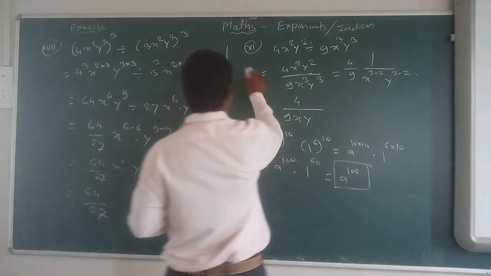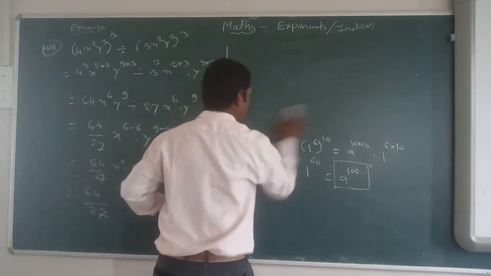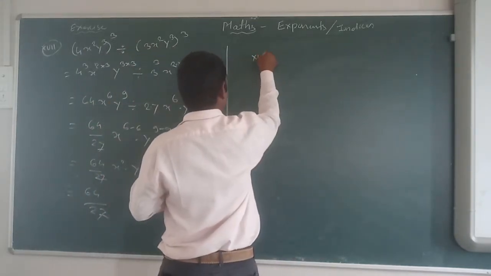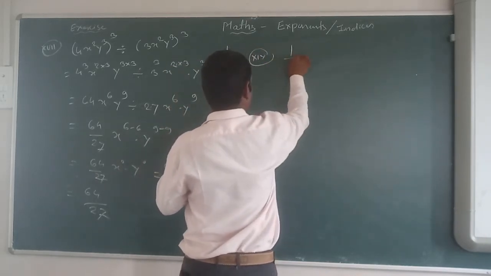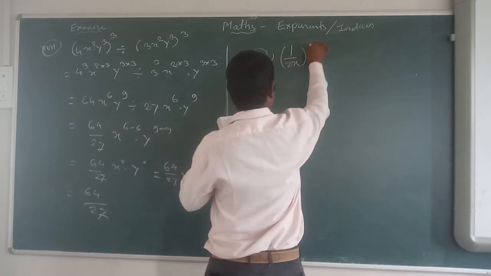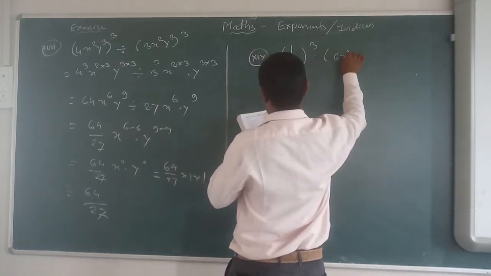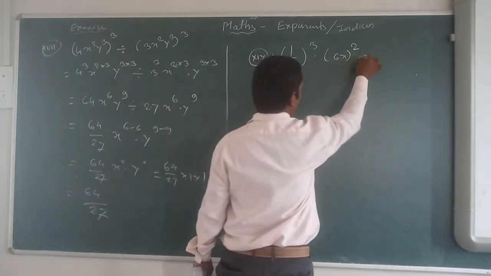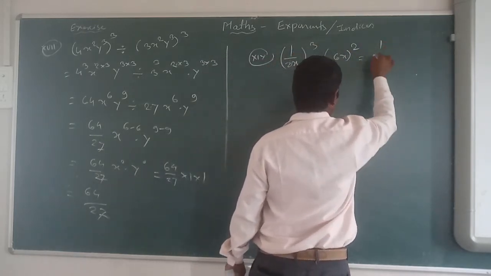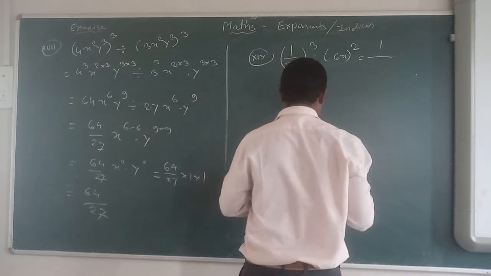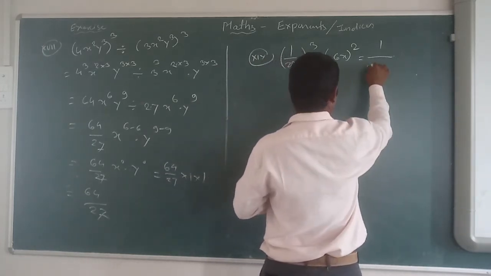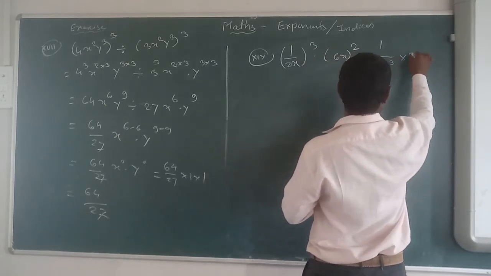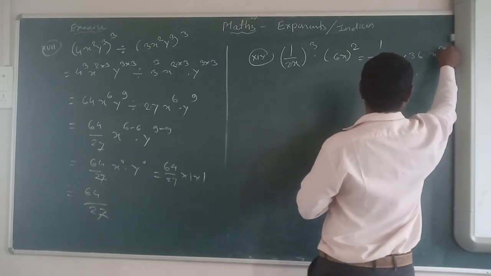Question 19 is given: 1 upon 2x cubed into 6x squared, 6x squared. First we will split this. 1 upon 1 cubed is 1. 2 cubed, you can directly also write, 2 cubed into x cubed into 6 squared, which means 36, into x squared.